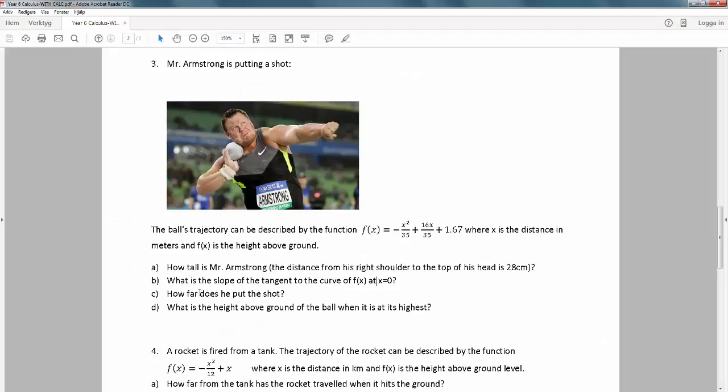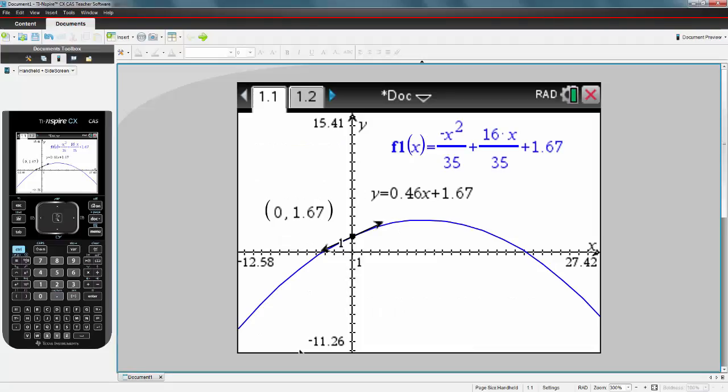C question, how far does he put the shot? So where does it hit the ground? Remember, he's standing here at x is 0, and then it travels. We're not talking about the path it travels, it's the distance from where he's standing until it hits the ground. So what is this specific point called in calculus? Well, it's the 0 of the function.